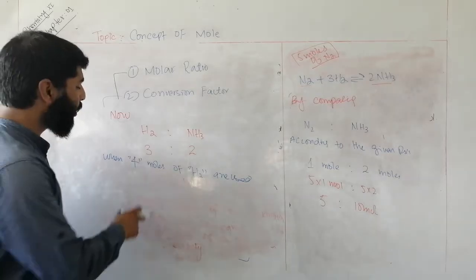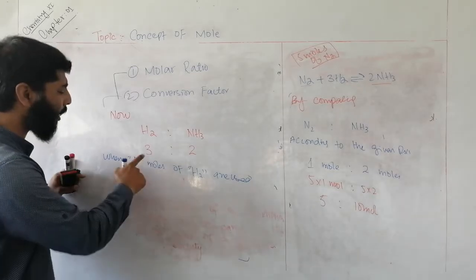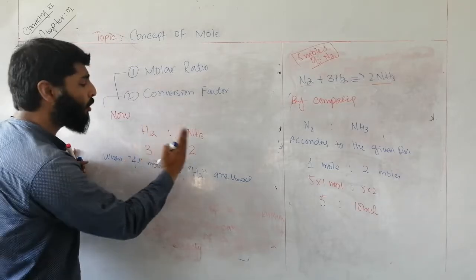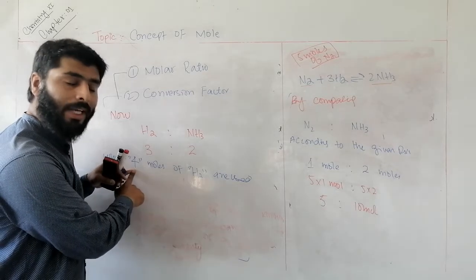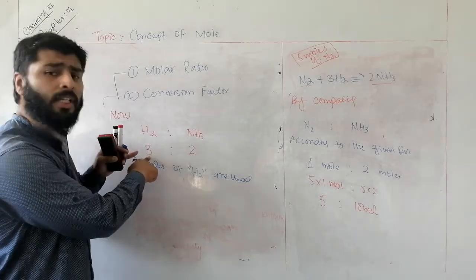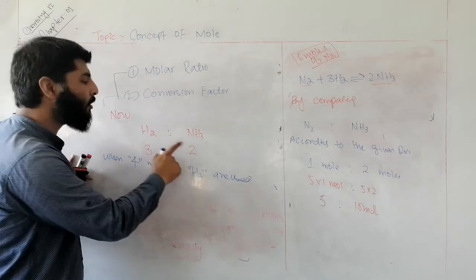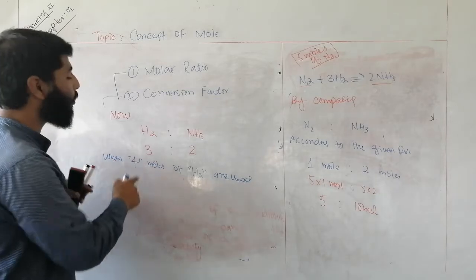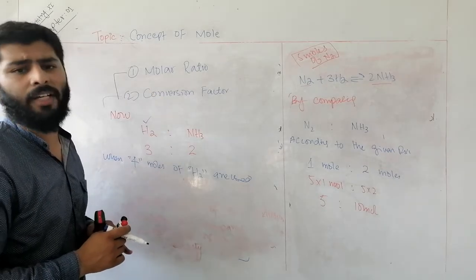So for this purpose, first of all, you have to find the unity value for the standard. According to the reaction, the ratio is 3:2. From 3 moles of hydrogen, 2 moles of ammonia are produced. And from 4 moles, you cannot predict according to the equation. You cannot predict from here. For this purpose, you have to find the unity value for hydrogen, which will be known as the conversion factor.